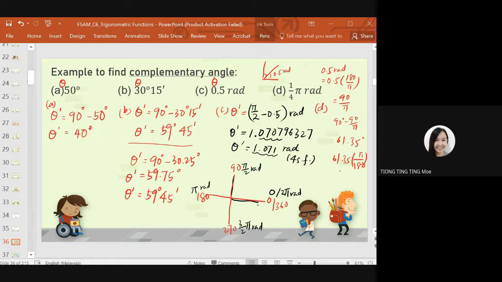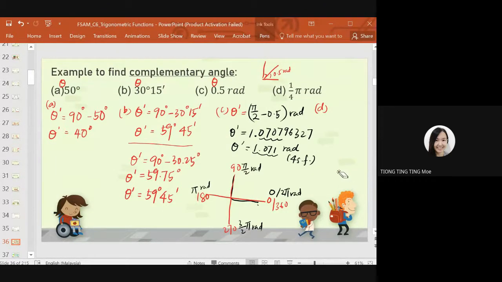So you also will get the same answer, 1.071. Okay, same. But I don't recommend this method because this method is long-winded. The easier way is you change 90 degrees into 1 over 2 pi radian.